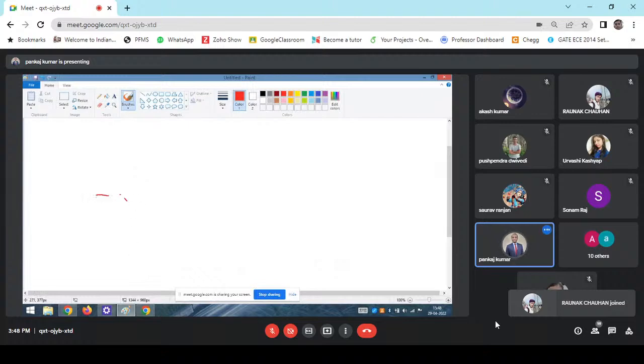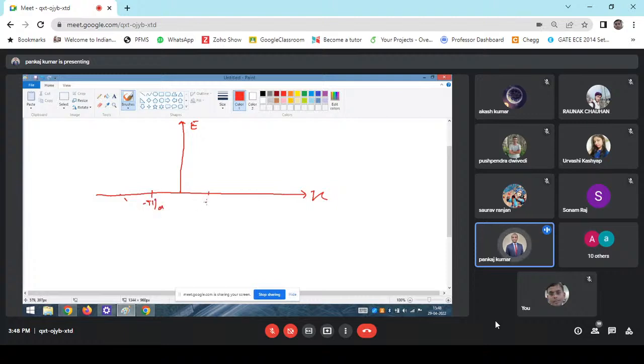Suppose this is k and this is your energy E. This is the first period, this is the repetition, pi by a, this will be 2 pi by a, and this will be minus 2 pi by a.